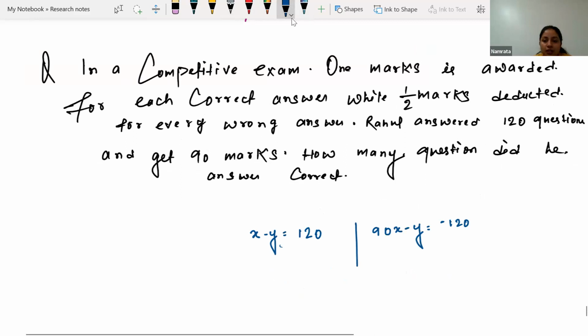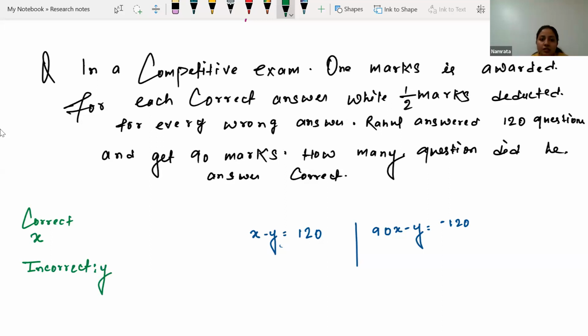So let's say the student Rahul is attempting X correct questions, and the number of incorrect questions, let's say, is Y. Since he gets 1 mark for each correct answer, he will get X into 1 marks, right? Yes, ma'am. And this is the total marks he has scored.